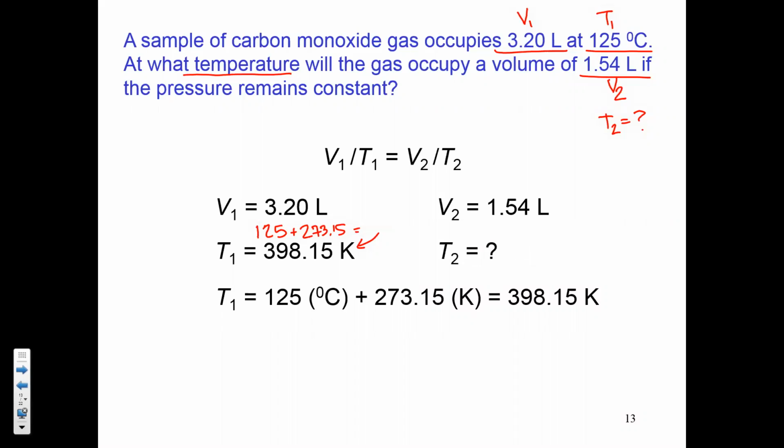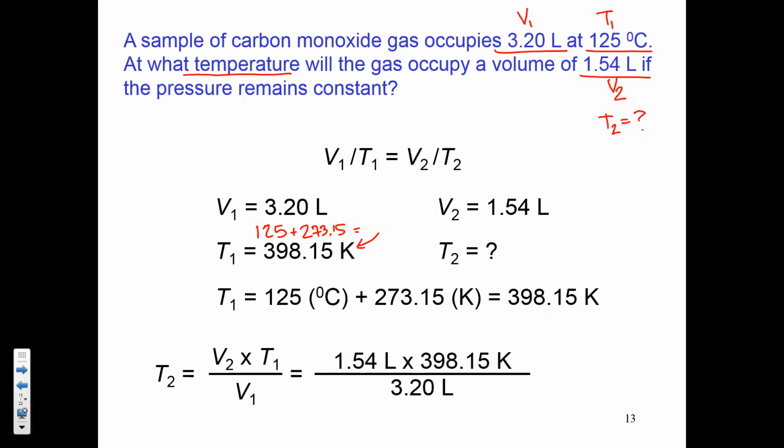So let's just plug all these numbers into the equation and solve. Okay, this is our equation. Again, I just reworked it to get T2 by itself, and then I plugged everything in. So V2 we know is 1.54 liters, my T1 is 398.15 Kelvin, and all of that divided by 3.2 liters.